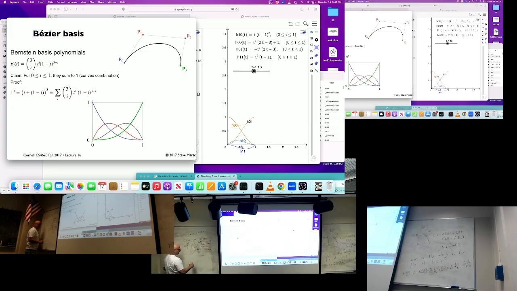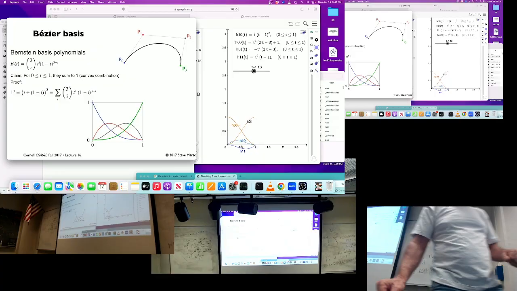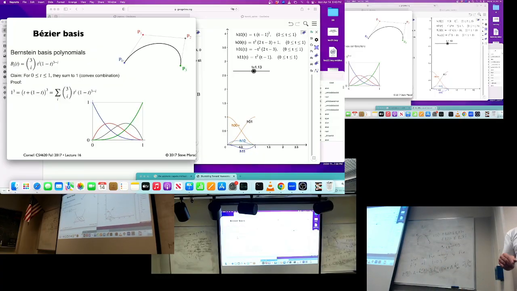So I'll say without repetition, and the order does not matter. And the answer is that it's 6 choose 3, giving you 6 factorial divided by 3 factorial, 3 factorial. That's the binomial coefficient.